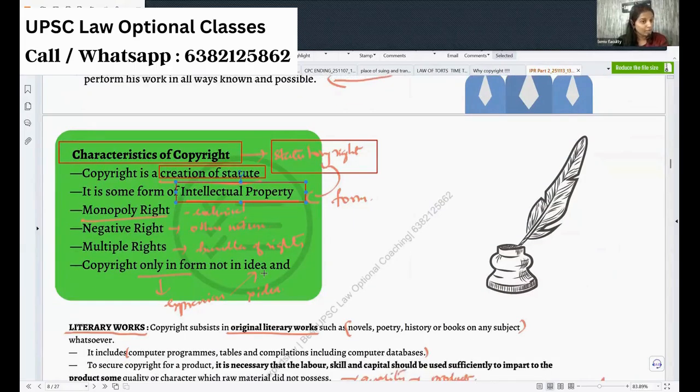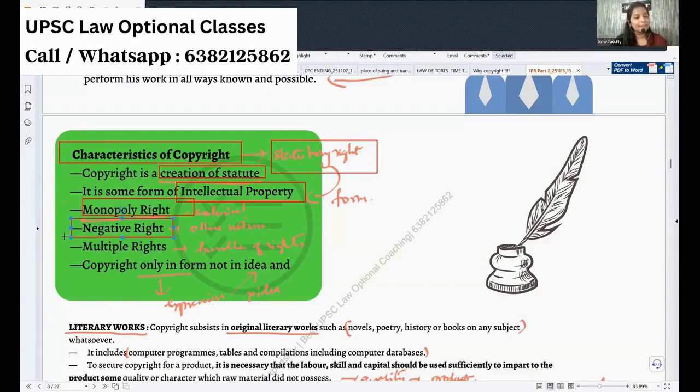And only you can do it. It is an exclusive right. Or you authorize someone and they can do it. So it is a monopoly right. It is only you who can do it; others cannot. We stop the others, so it is a negative right. And finally, I told you it is a bundle of rights: right to reproduce, right to telecast, right to commercialize, right to copy, and all these things are attached.